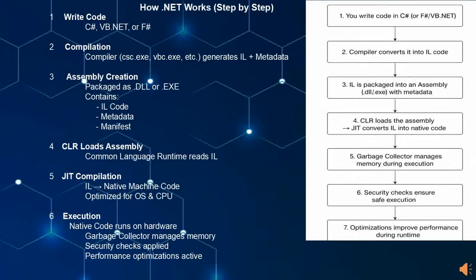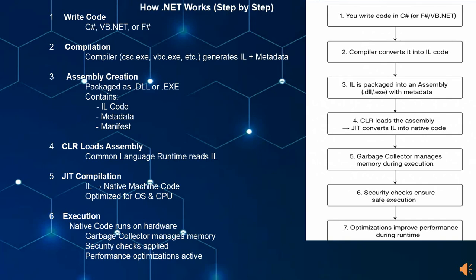Let's understand how .NET works. First, you write code in C#, VB.NET, or F#. The compiler then generates intermediate language code along with metadata. Next, an assembly is created, packaged as a DLL or EXE, containing IL, metadata, and a manifest.